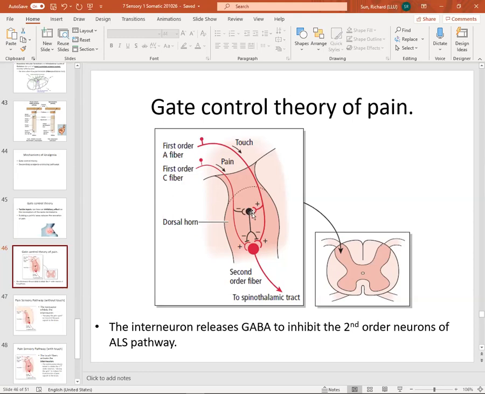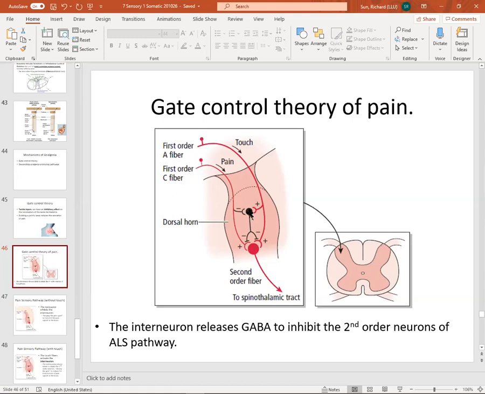So that's that. These two will have synapse control with these interneurons. This is a GABA interneuron, so this one is inhibitory. All right. So that's that. When there's no touch, if it's only pain coming here, it inhibits this interneuron. This interneuron inhibits the second order neuron.